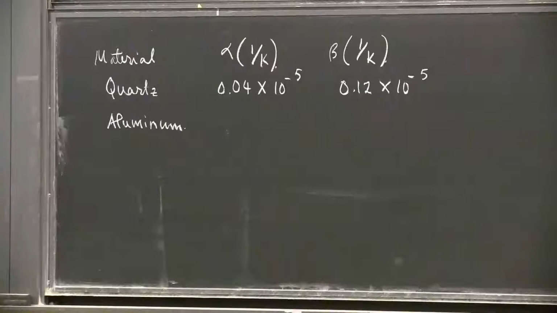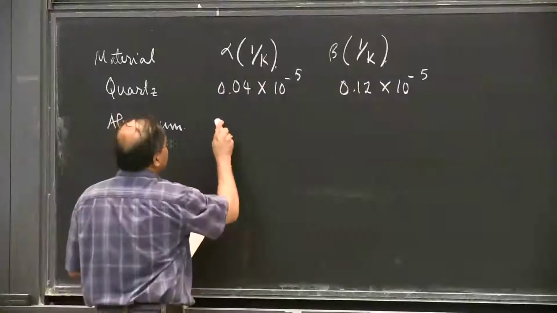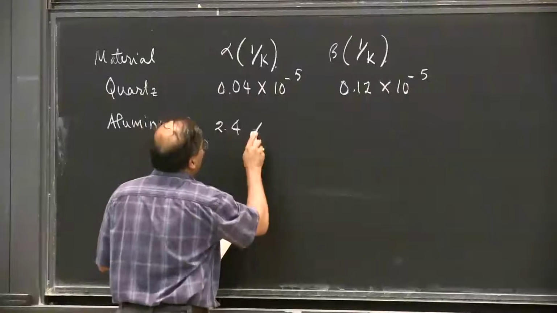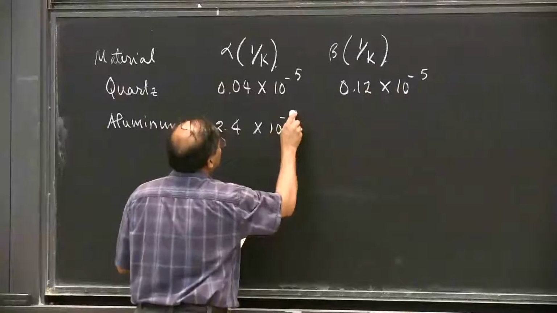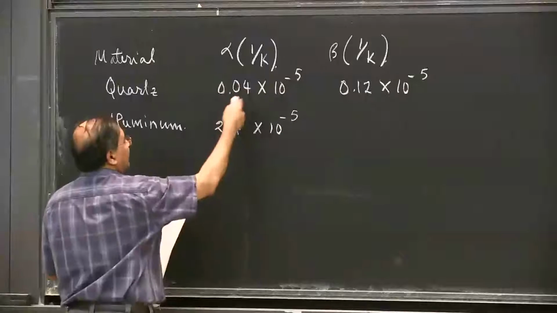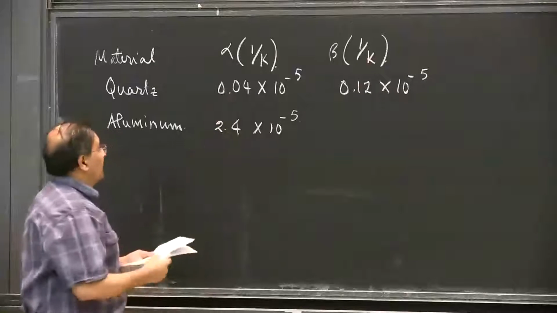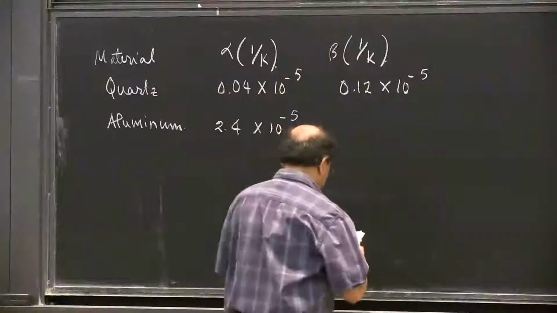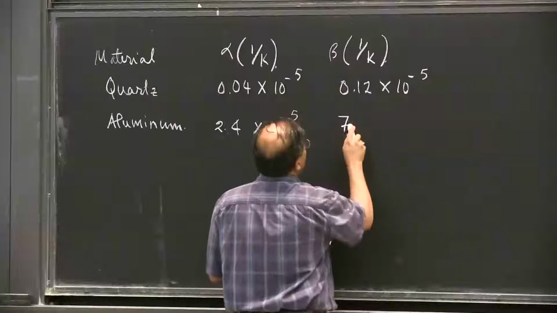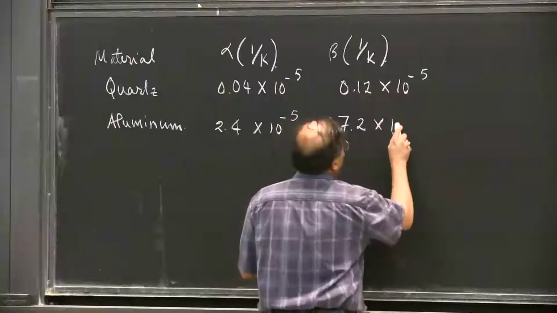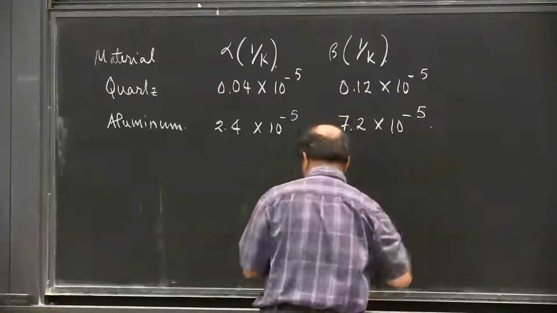Correspondingly, for aluminum, which gets hot very easily, this number is many times larger, being 2.4 times 10 to the minus 5. So it's basically 1 over 100, of the order of more than 1. So it's 2 orders of magnitude larger. And here beta would be 7.2 times 10 to the minus 5.